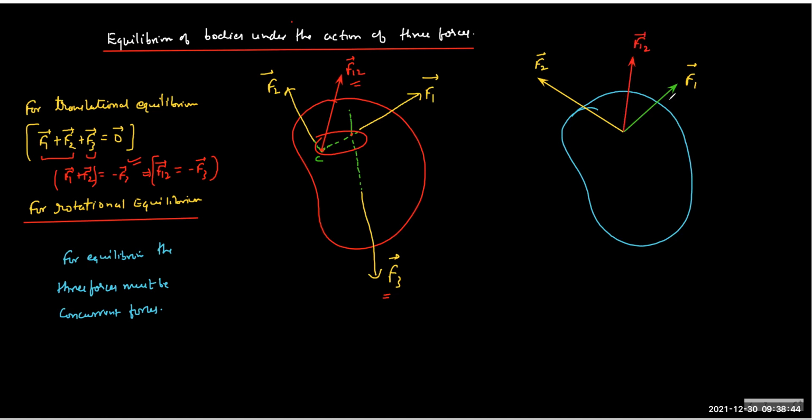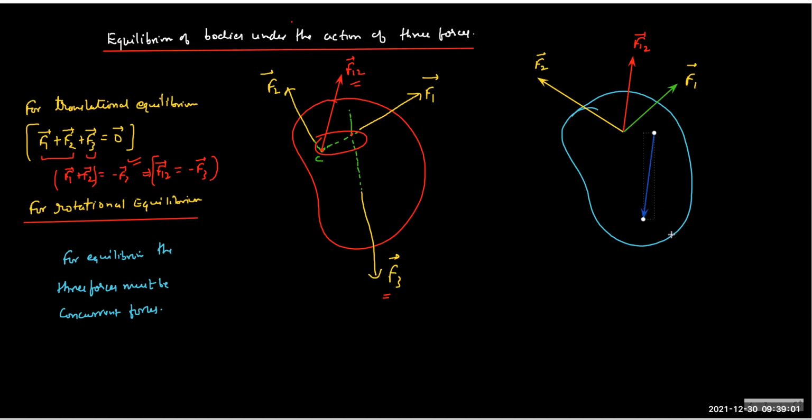Now we know that for translational equilibrium, the third force must be opposite and equal, correct? So it could be like this, or like this also.